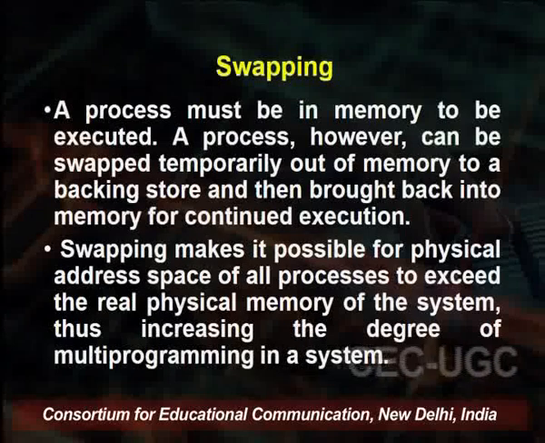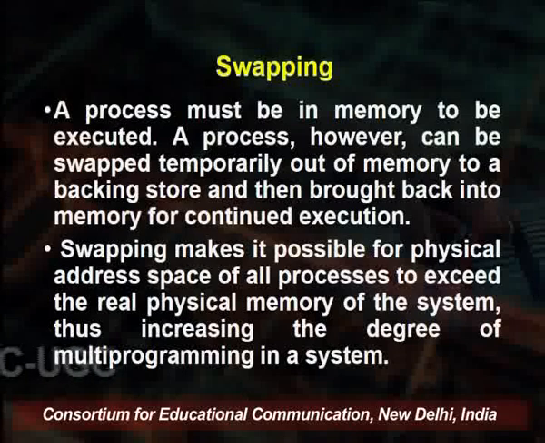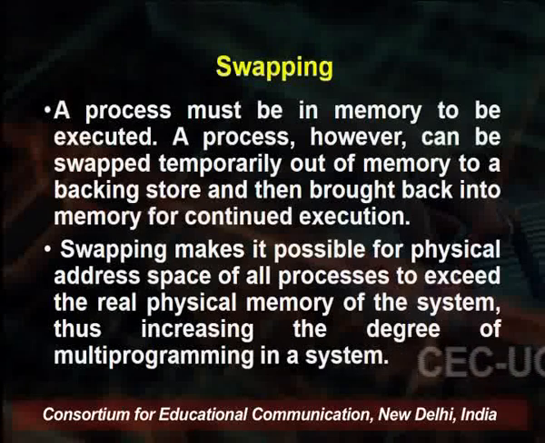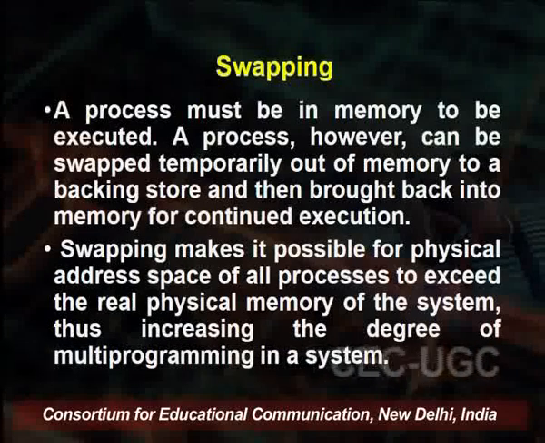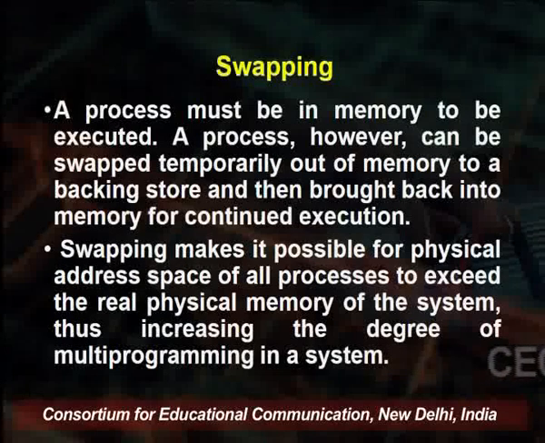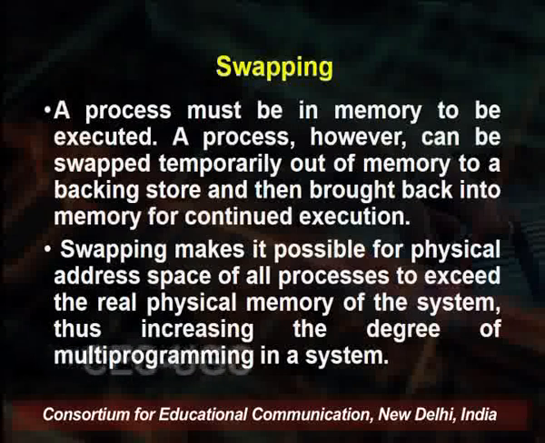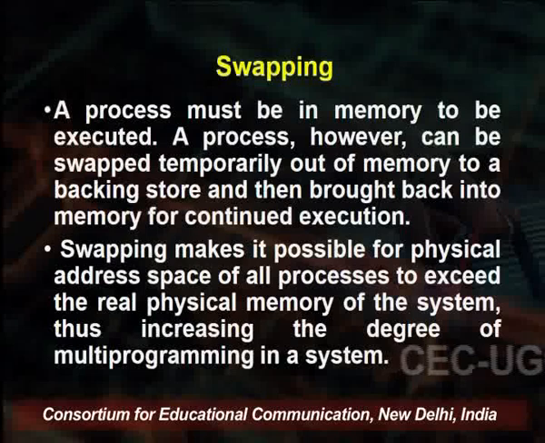Every process can be swapped temporarily out of memory to a backing store and then brought back into memory for continued execution. We know that processes keep moving in and out of memory, going back to the disk and to the processor.